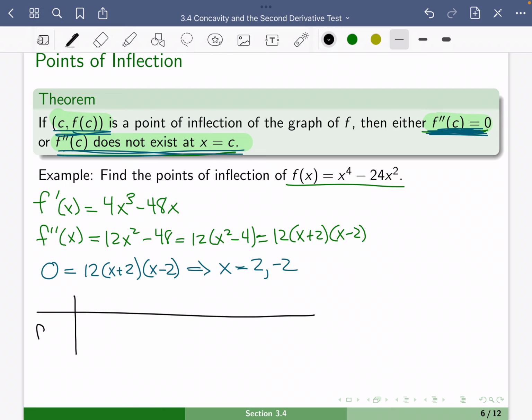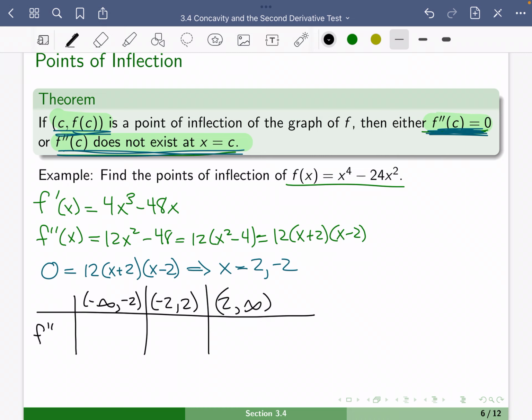Just like we did for the first derivative, we're going to go from negative infinity up to negative 2, then from negative 2 to positive 2, and then 2 to infinity.